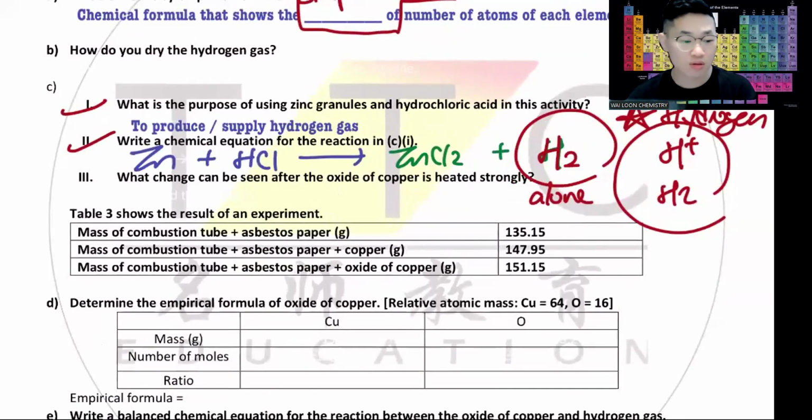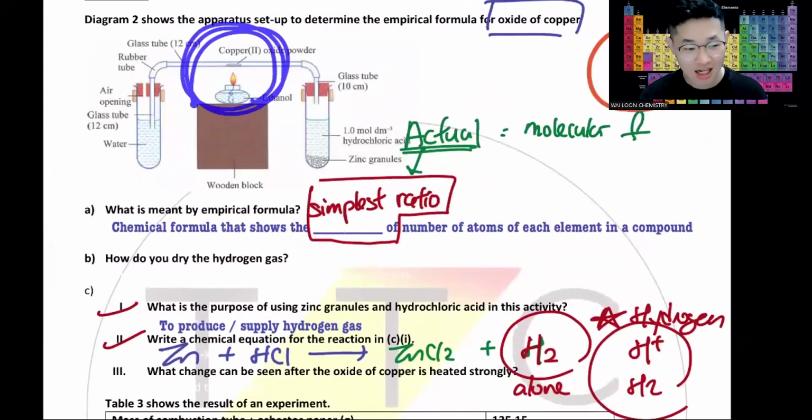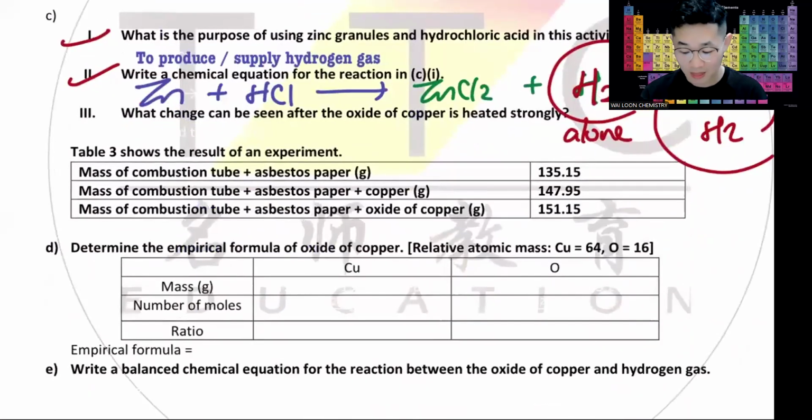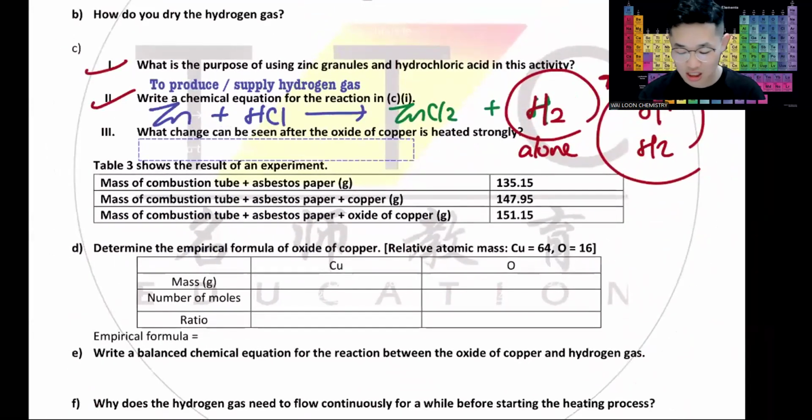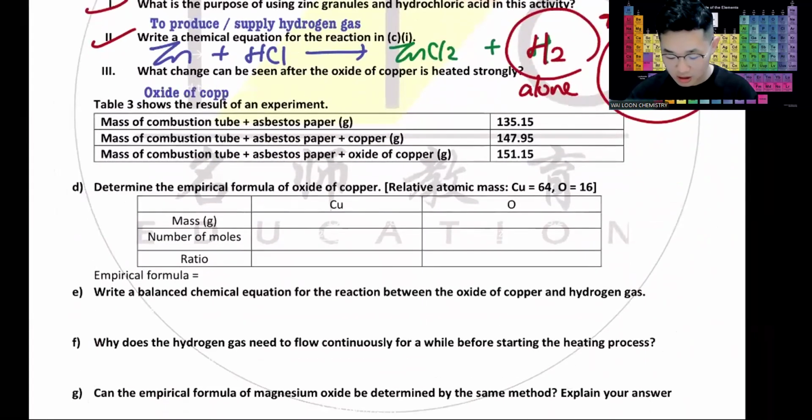So what changes can be seen after the oxide of copper is heated strongly, guys? Remember the color change or not? After we heat this thing, what's the color change? Yes, very good. So the oxide of copper turns from a black color to brown.